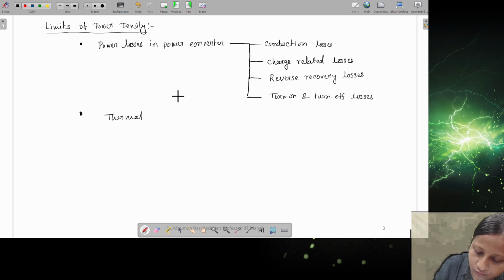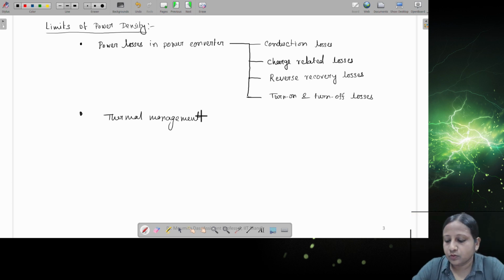This is also related to the losses. We have to manage all the heat generated in the system by using a proper method, and that causes an increase in the size of the system.